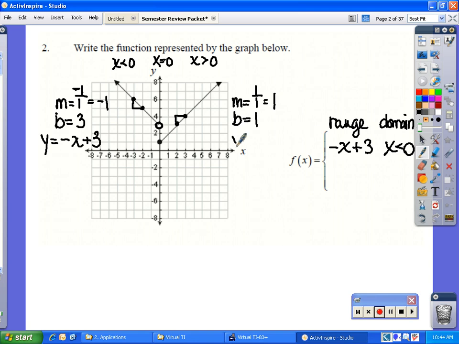Our equation then for the right side, y equals mx plus b, would be y equals 1x plus 1, or just x plus 1, for the side of the graph where x is greater than 0. Remember, because this is a closed circle, we want to say greater than or equal to 0 in our equation.